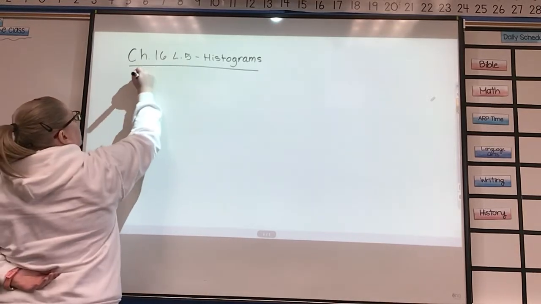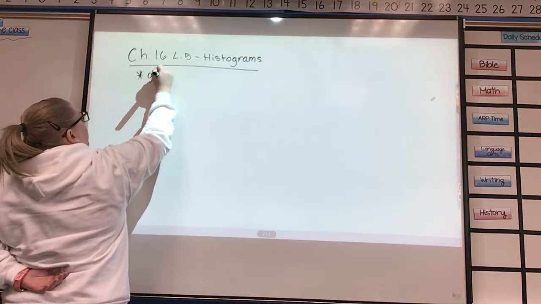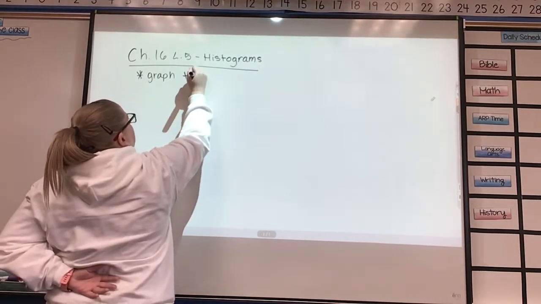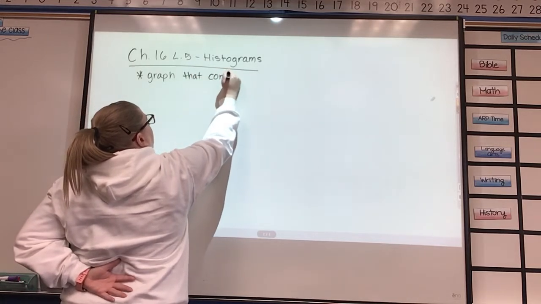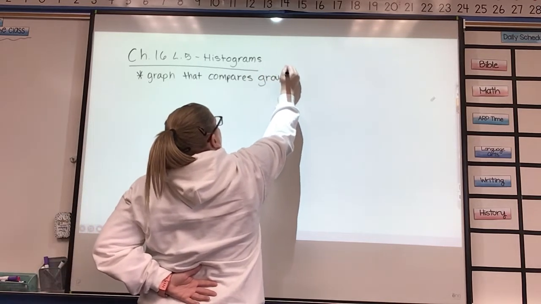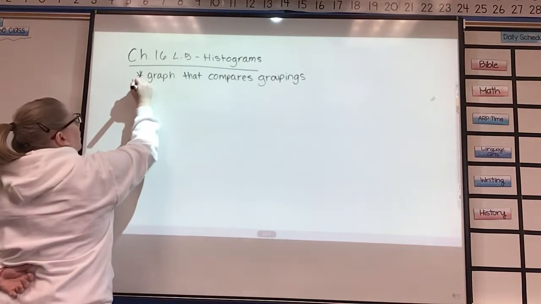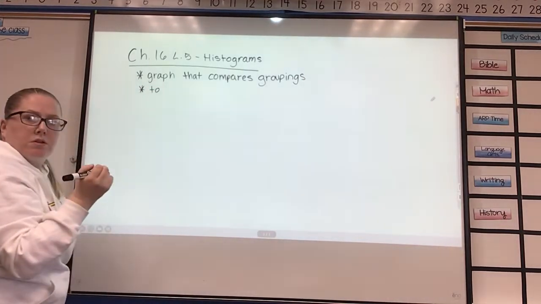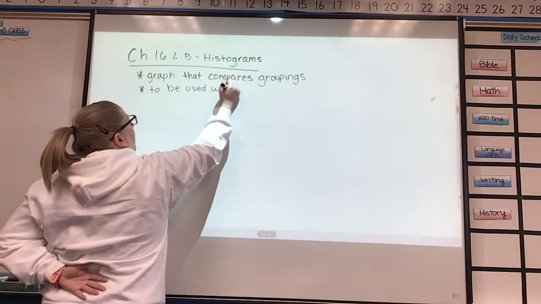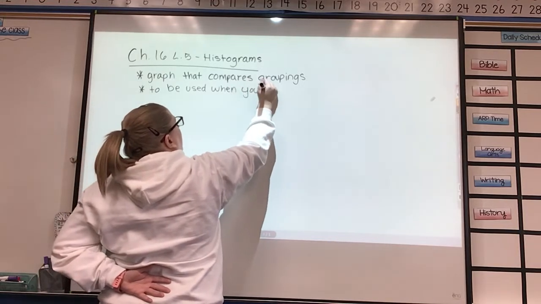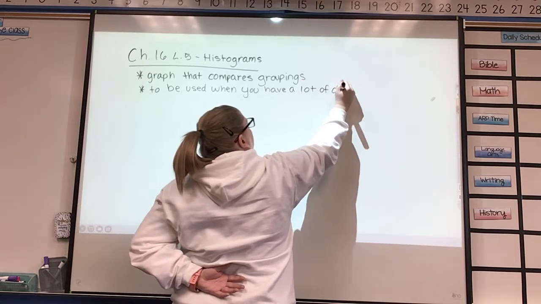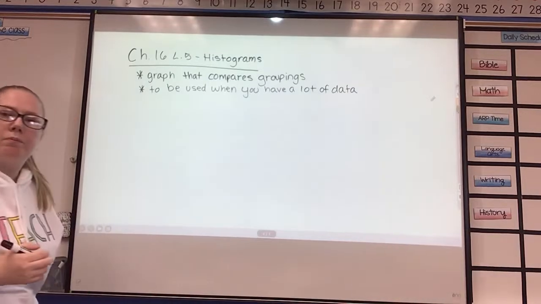Okay, so this is a graph that compares groupings, to be used when you have a lot of data.